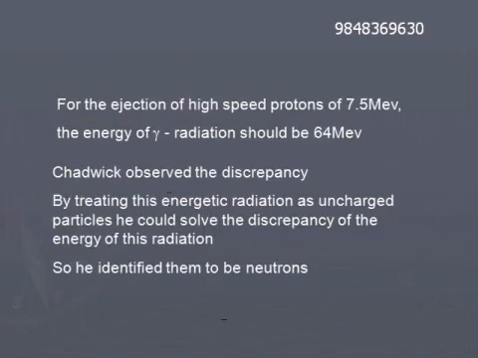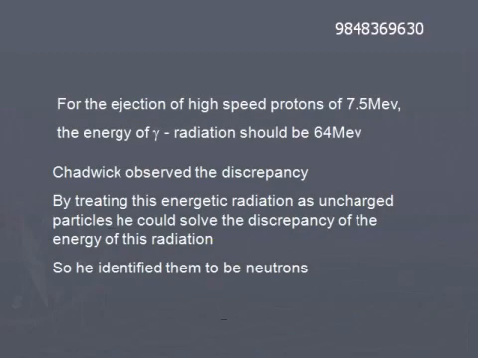So from absorption experiments, the energy of this radiation should be 7 MeV, but from collision with hydrogenous substances, the energy is estimated to be 64 MeV, and in some other experiments the energy was something different.